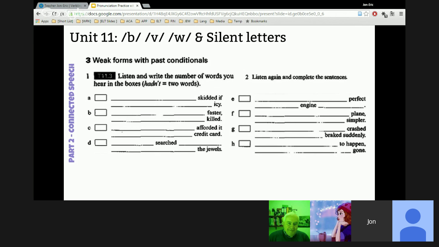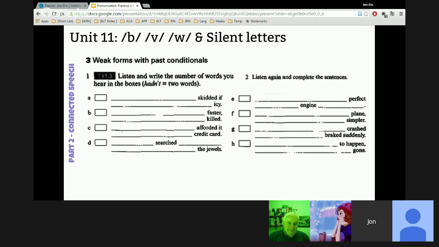Next word. Searched. Good. And then you put them together. If they'd searched more carefully, they might have found the jewels. That's it.